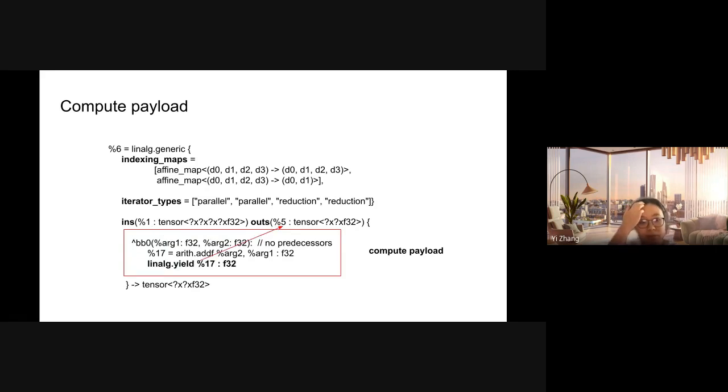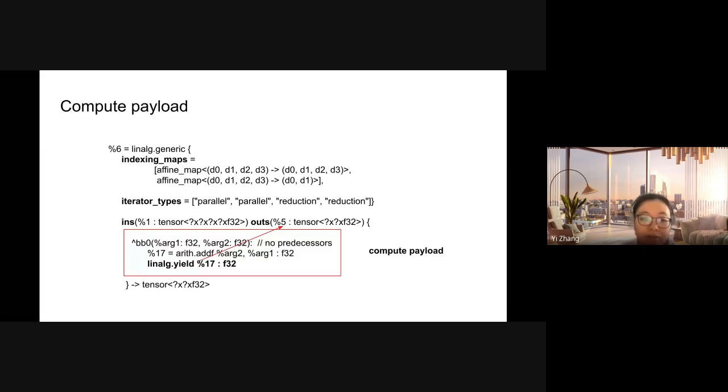In the compute region, we need to use the linalg.yield op to write to the output tensor. The arguments of the yield op correspond to one scalar element of the output tensor.